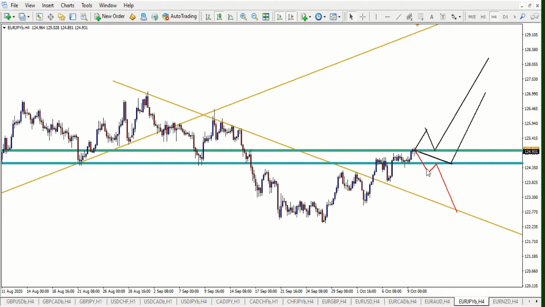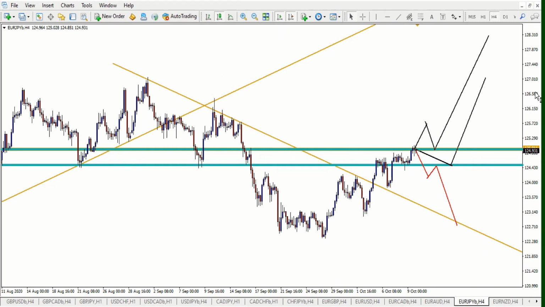So pretty simple, I think. Yeah, that's pretty self-explanatory. There's nothing special there. So we have one of these scenarios that could pan out. All you need to do is be patient and wait for the proper scenario to pan out before taking the trade.